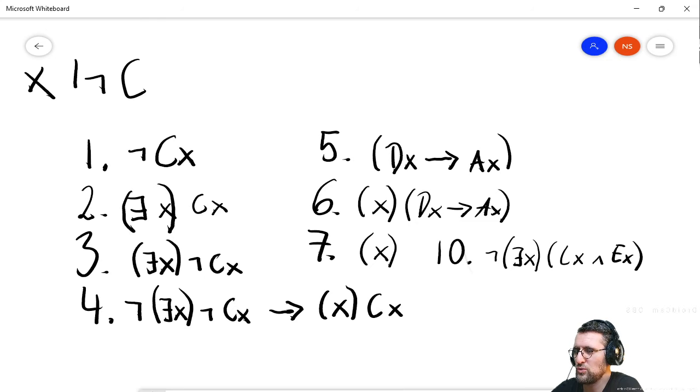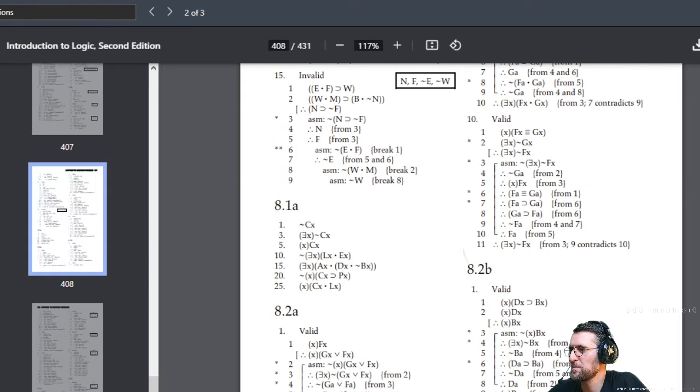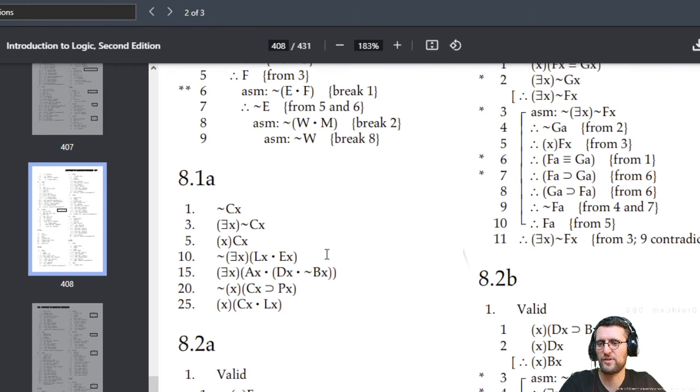Let's see how they wrote that. No logician is evil. Now we just have to switch to the solution section. There exists no X, so that LX and EX. So I use a little bit of a different way of writing. That's the only difference, right?